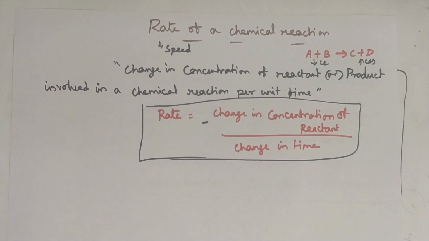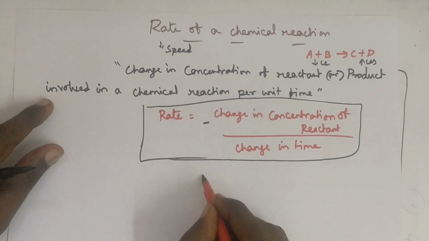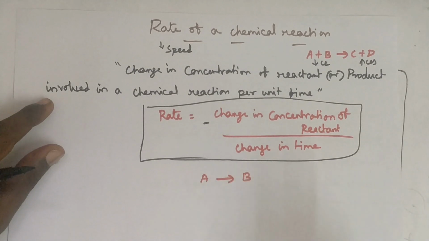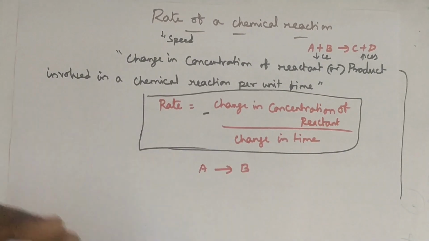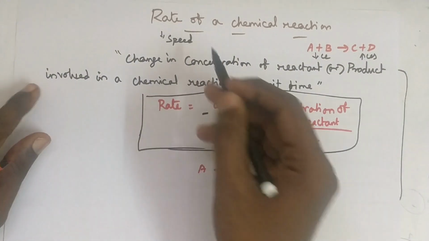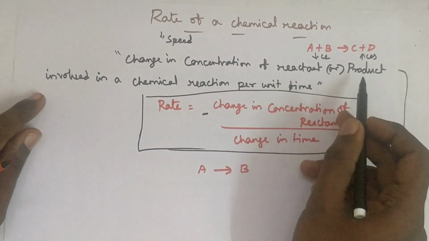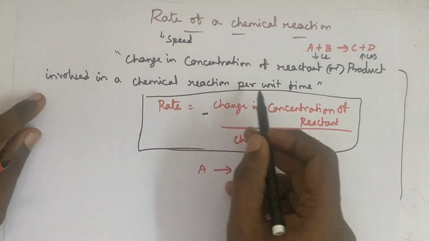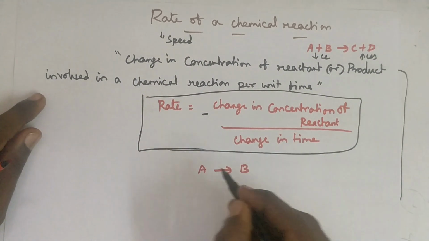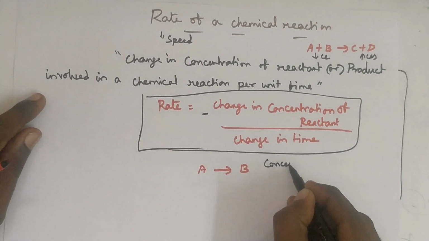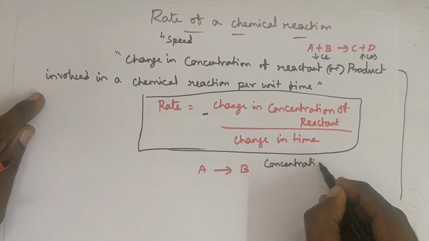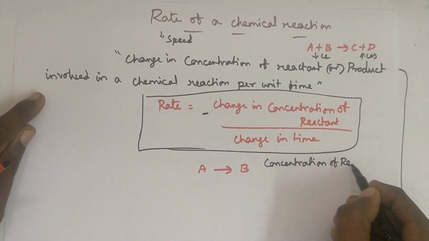Suppose consider one example. It is given in a textbook. A gives B. So in this equation, rate means change in concentration of reactant and product in a reaction per unit time. Suppose you consider concentration of reactant.